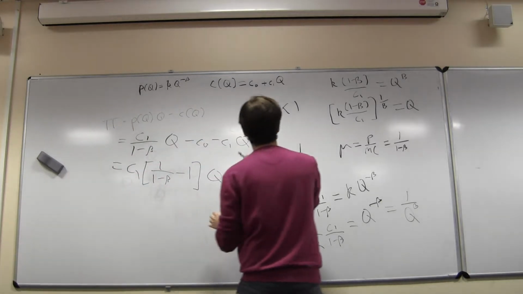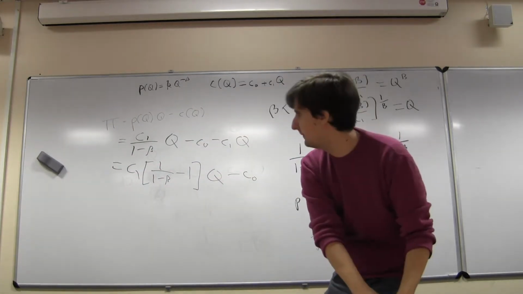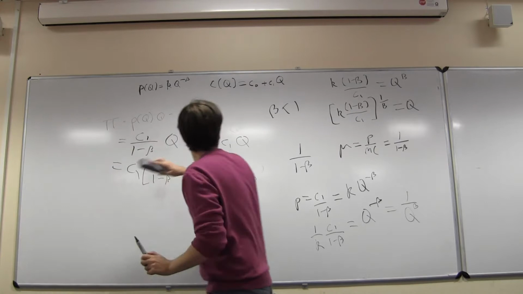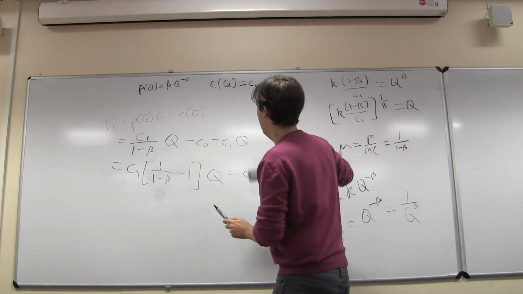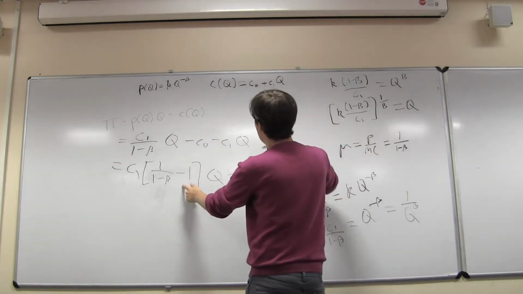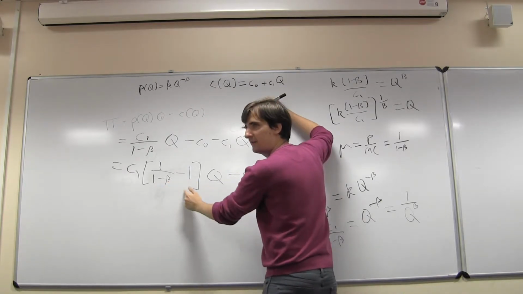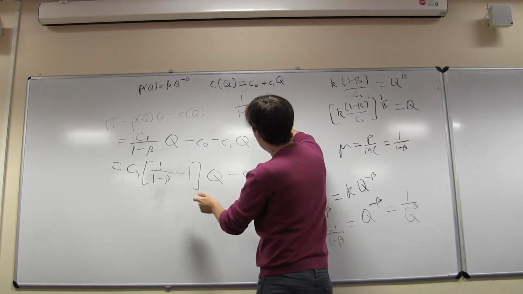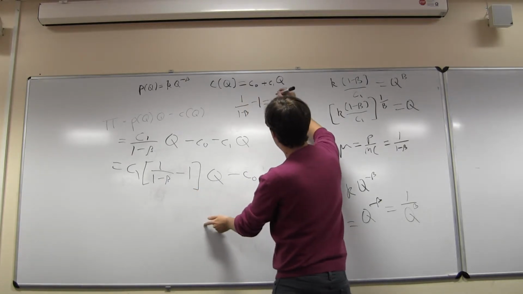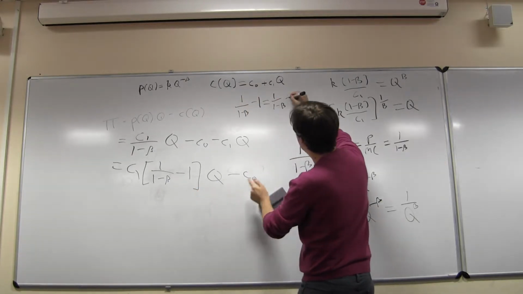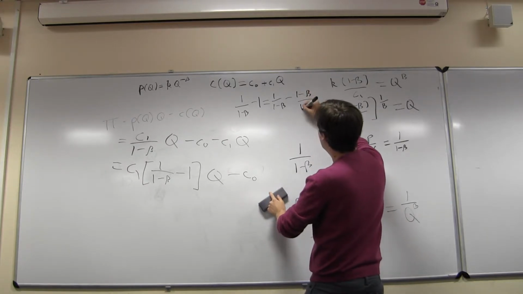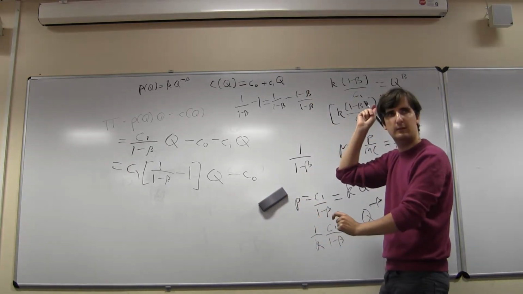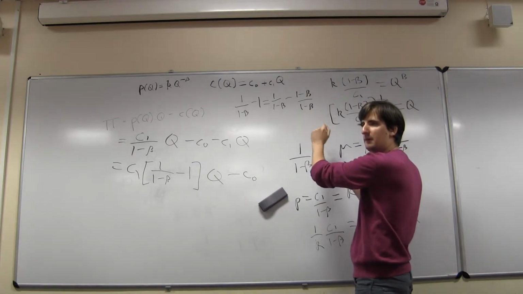Again, I know it's a long time since you did any maths. The trick is to express both sides in terms of the same denominator. So 1 over 1 minus beta minus 1 is equal to 1 over 1 minus beta minus 1 minus beta over 1 minus beta. Yeah, because 1 minus beta over 1 minus beta is equal to 1.